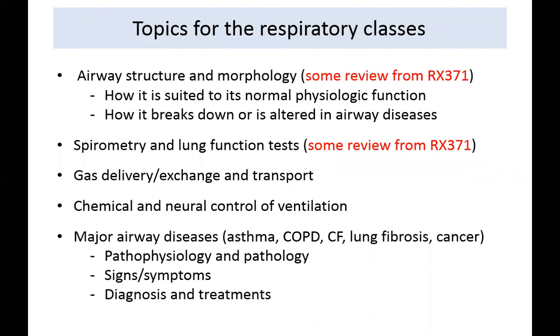Talk about asthma, COPD, cystic fibrosis, pulmonary fibrosis. If we have time, we'll talk about lung cancer. When we talk about the diseases, we'll talk about the pathology and the mechanisms that develop them, so the pathophysiology, signs and symptoms, diagnosis, and I'll put in some slides on treatments, but there will be no questions on treatments on the exam.